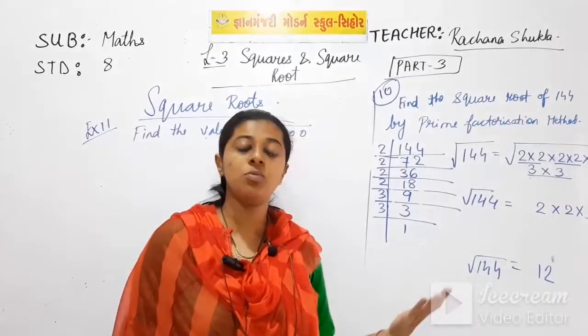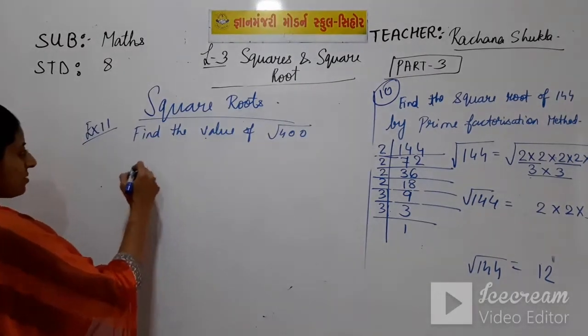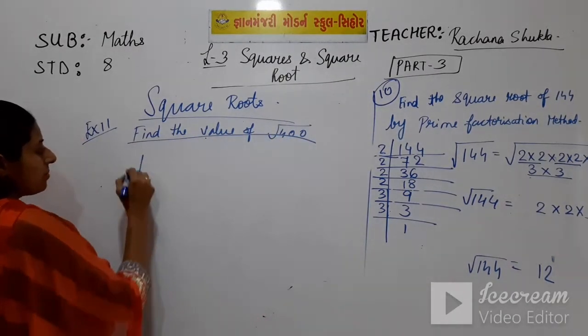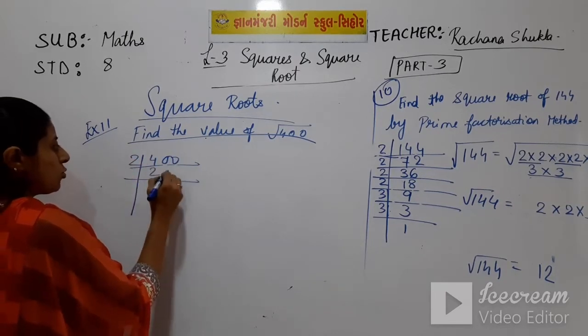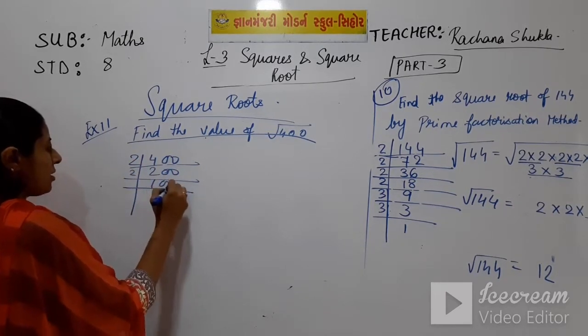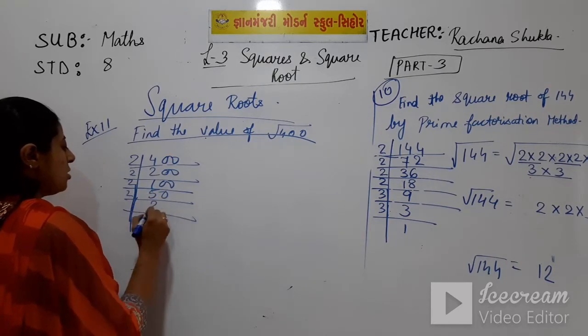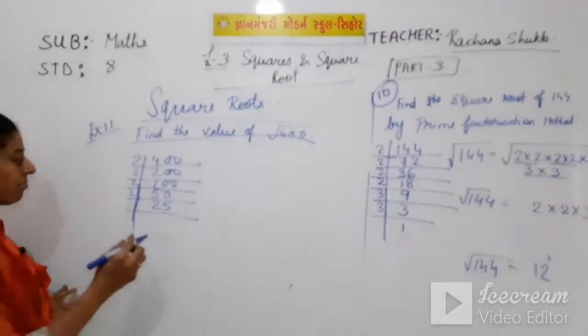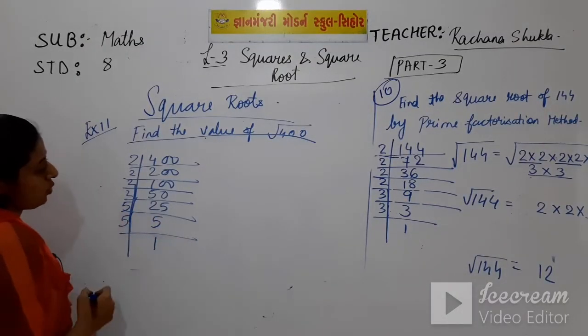The same thing you will do by prime factorization method. So let's find the factors of 400. 400 divided by 2 is 200, 2 100s are 200, 2 50s are 100, and 2 25s are 50. Then by 5, 5 5s are 25, 5 1s are 5.